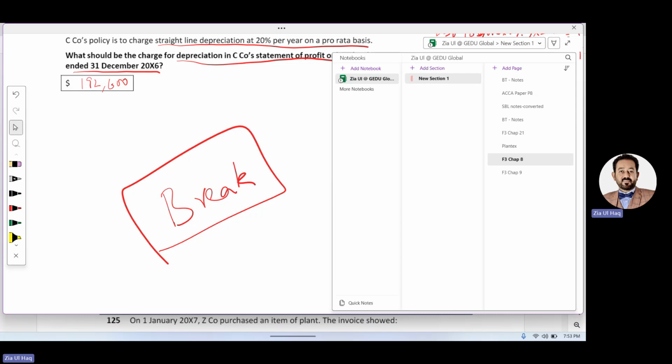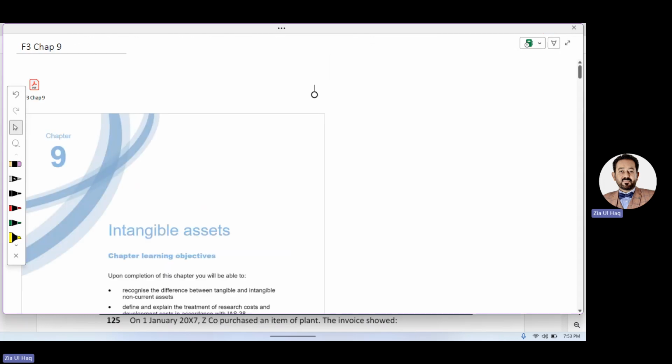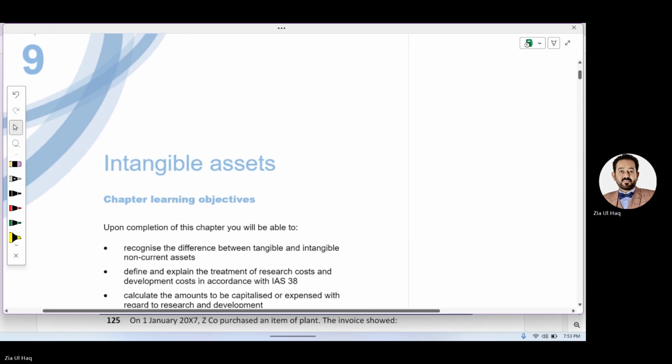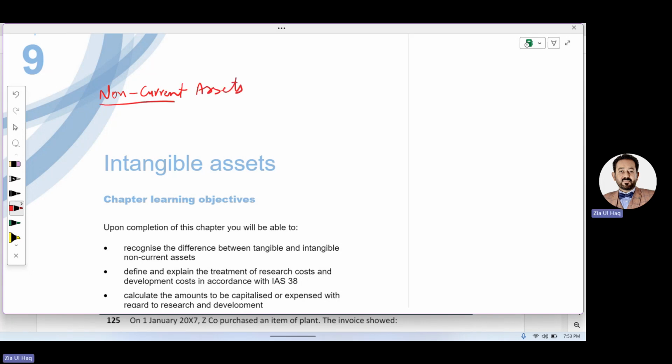Let's move toward a new chapter. Chapter 9 is intangible assets. Non-current assets are of two types: tangible and intangible.